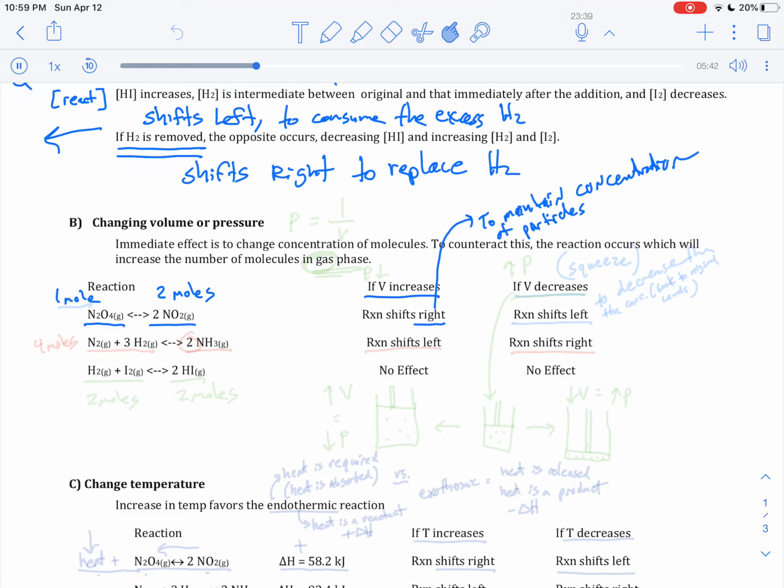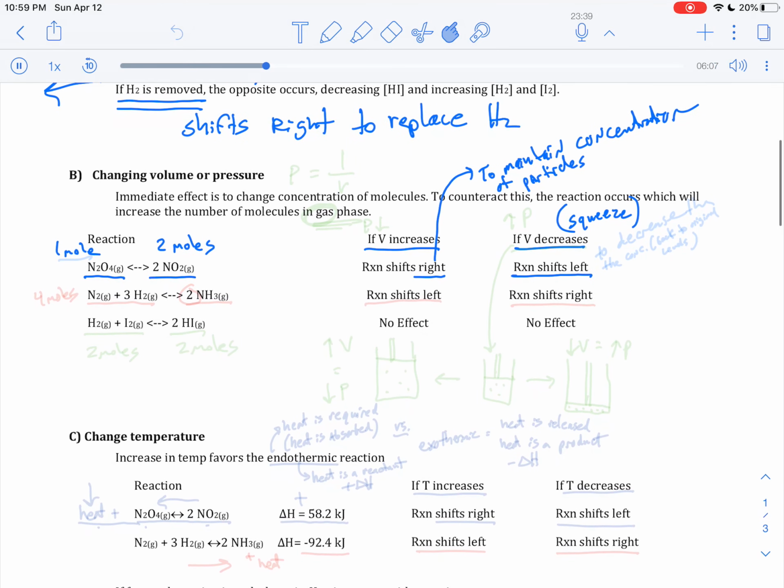By the same token, if the volume decreased, now we're squeezing the reaction, so you have less space, and the concentration is going to go up. To maintain the same level of concentration as before, the reaction favors the side which makes fewer moles of particles.